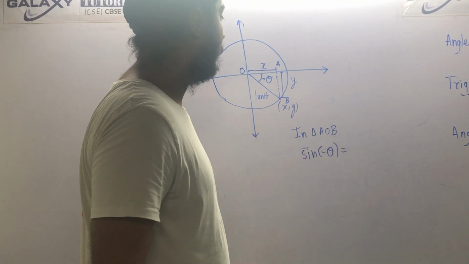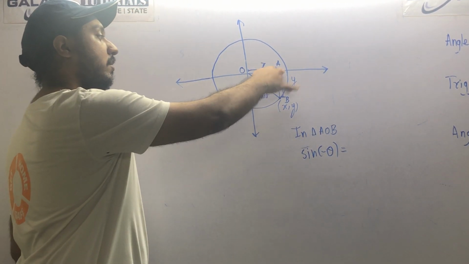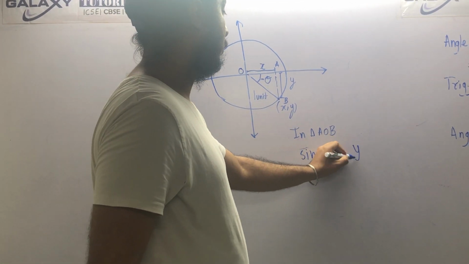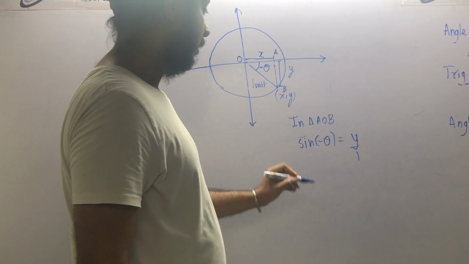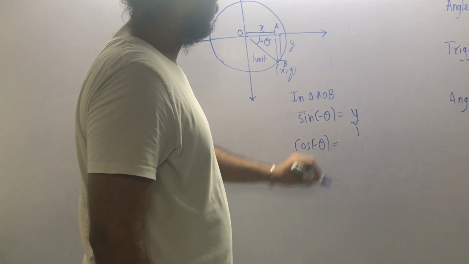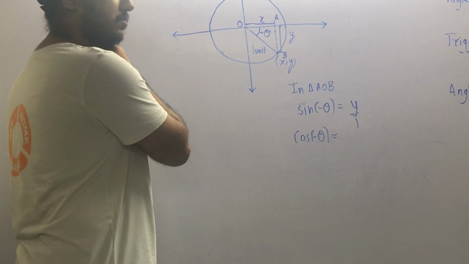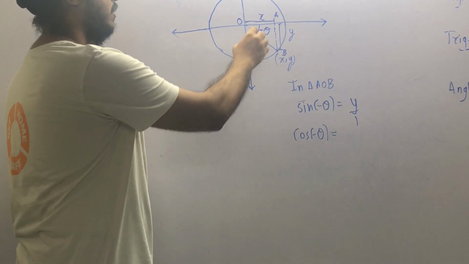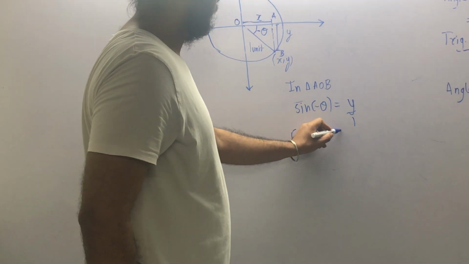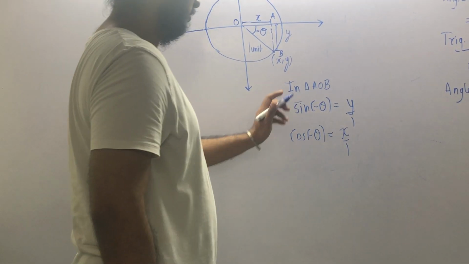Perpendicular upon hypotenuse. So y upon 1. Same, cos minus theta will be what? X upon 1. Base upon hypotenuse. So x upon 1.